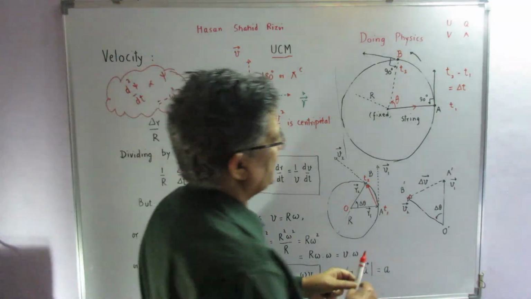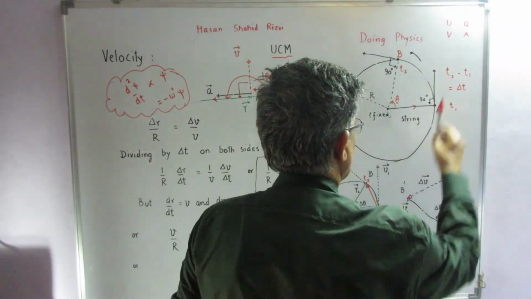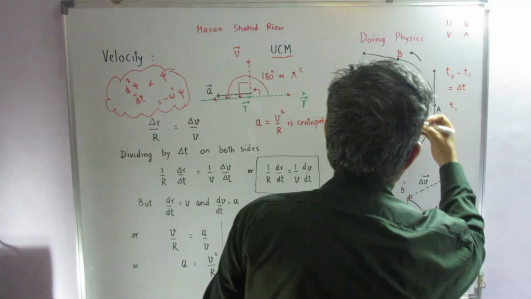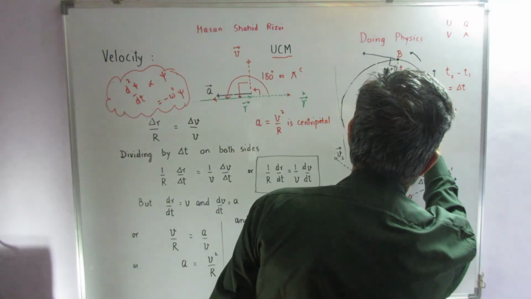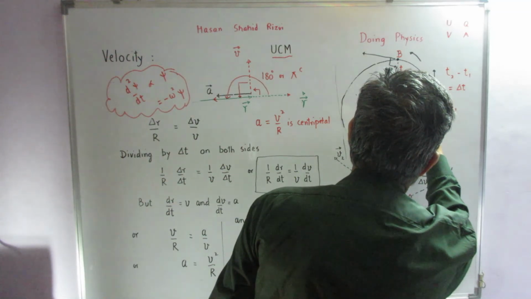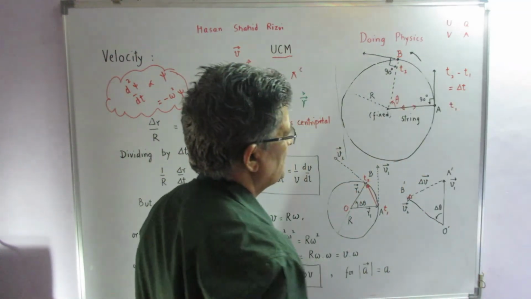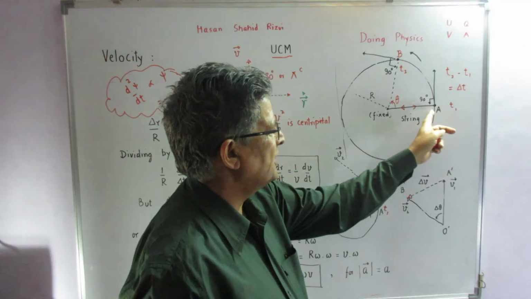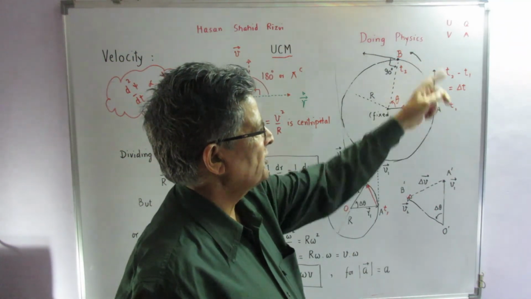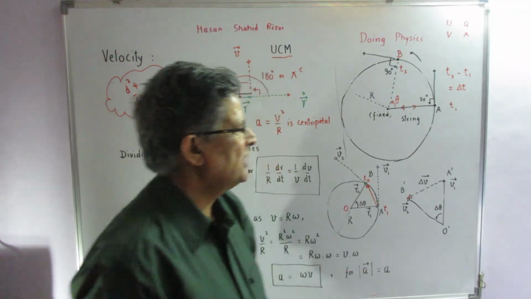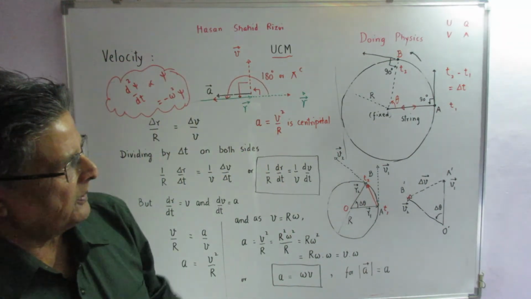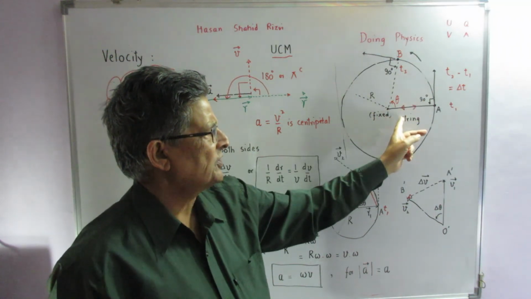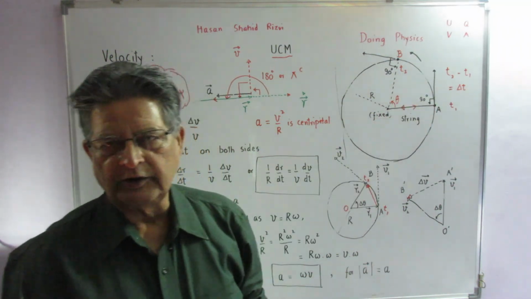I've shown it to be tangential over here, and I'm going to show you that at this instant of time I have the acceleration over here towards the center, the displacement is away from the center, and the velocity vector is tangential, and makes an angle of 90 degrees with this acceleration.